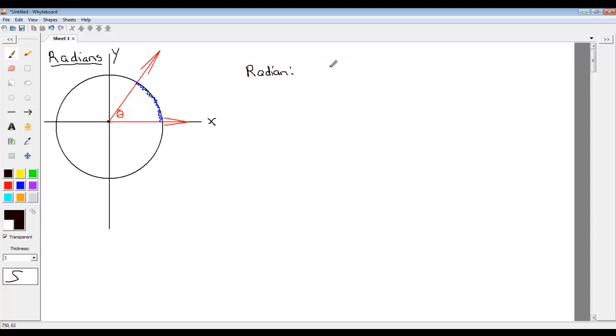So with the vertex at the center of that circle, the radian is the ratio of the intercepted arc length to the radius of the circle.